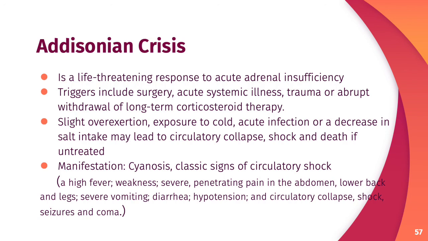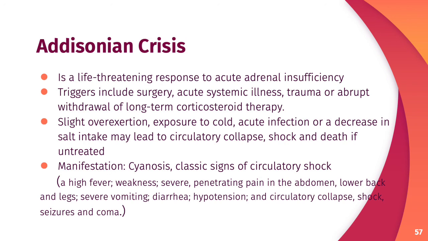If there's slight overexertion, exposure to cold, acute infection, or a decrease in salt intake, this can lead to circulatory collapse, shock, and death if untreated. That leads to Addisonian crisis.